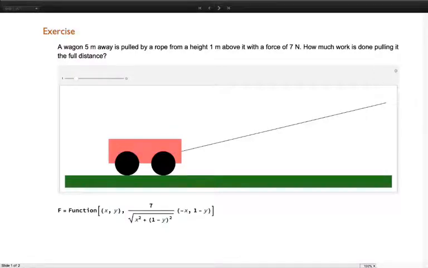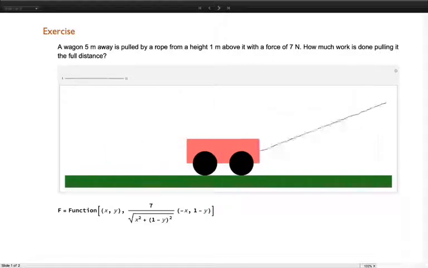Now I'm going to tell Mathematica that that's the F I want by using the function. I define F. Its inputs are x and y, and its output is as described here. Now one really nice feature of this modeling of our force field is that it works for any position of the wagon.